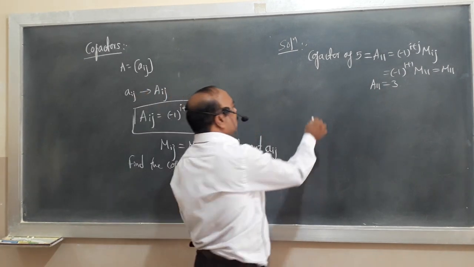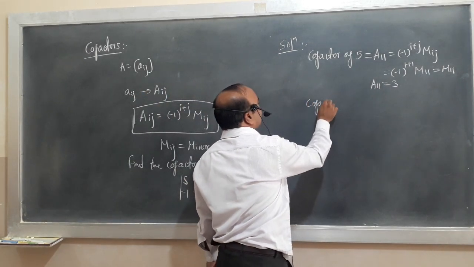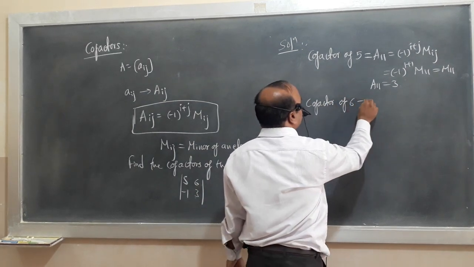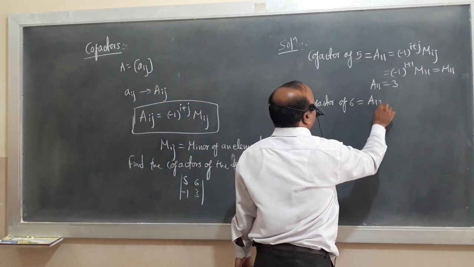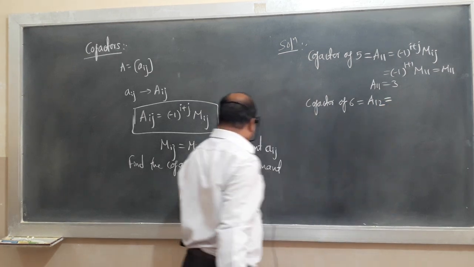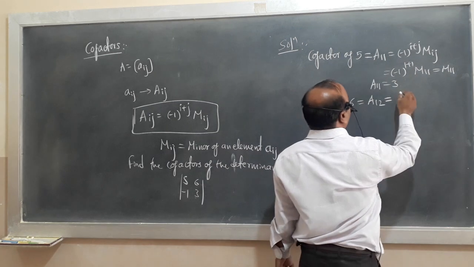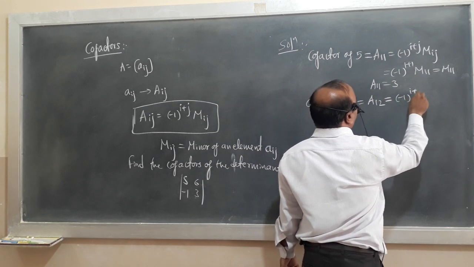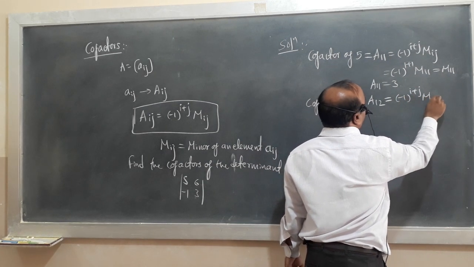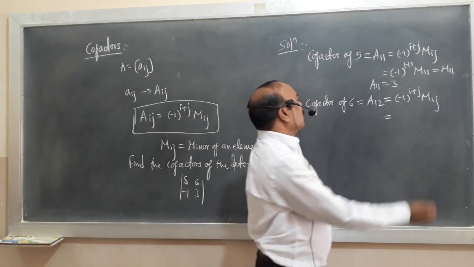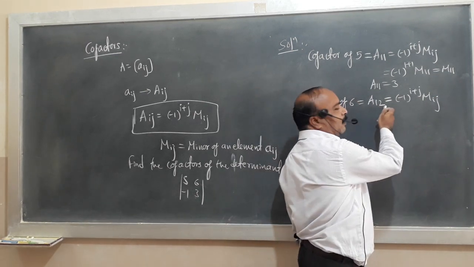Next we go for the cofactor of the second element, that is 6. It is given by A12 because this element's position is A12. Using the formula minus 1 power i plus j into Mij, the i value is 1 and the j value is 2.